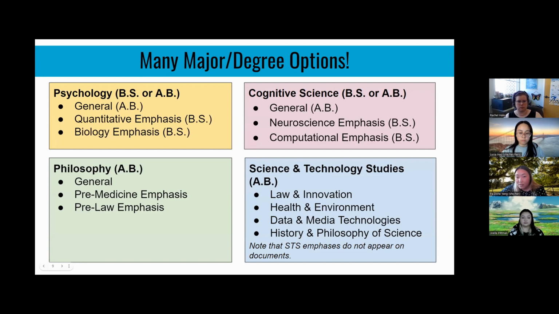For philosophy and science and technology studies, we only have the AB degree options. We do have different emphases listed here. For philosophy, we have a general study, and then the pre-medicine emphasis and the pre-law emphasis. For science and technology studies, we have the different tracks and emphases listed here.